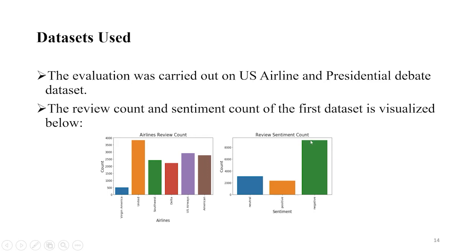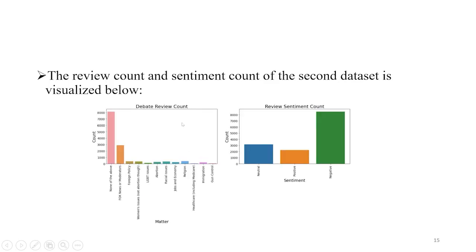Then more passengers have given negative comments. So here is the count and sentiment count of the second data set, which is the presidential debate data set. Here are the topics which are discussed in the debate, and here are the comments on sentiments on each topic.